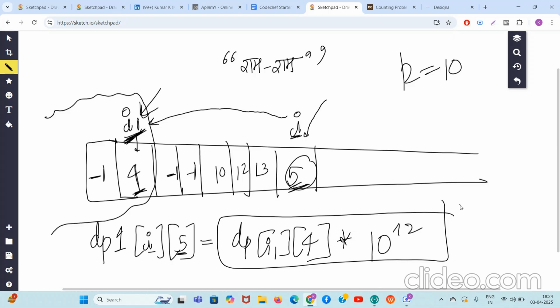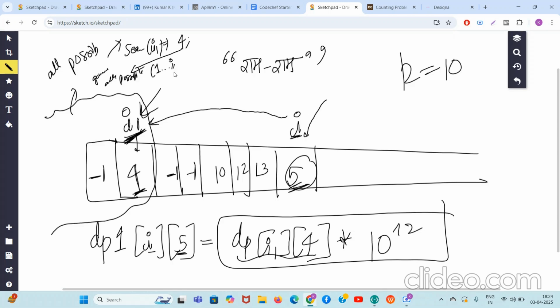10 square. Why? Because dp I-1 4 was telling me all possible increasing sequences which end at index I-1 and the ending value is 4, but these sequences have been generated by all possible arrays from 1 to I-1.